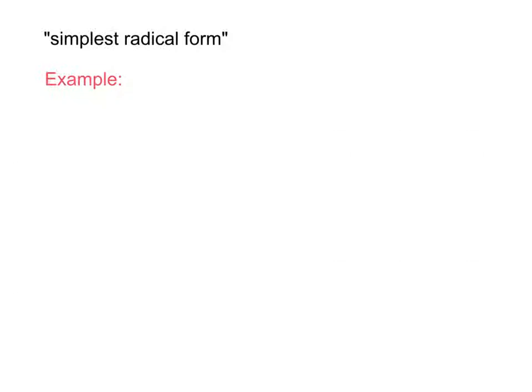So let's look at a case where we have the square root of 75. Well, 75 is not a perfect square, but 75 has 25 as a factor, and that is a perfect square.